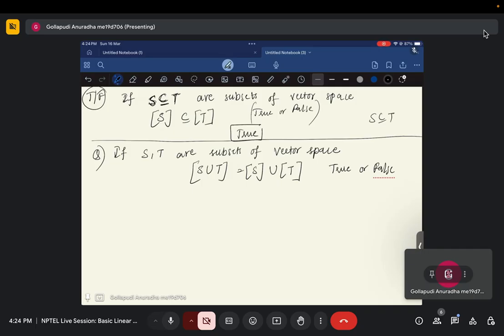It is false, because the span of S union span of T might not be a vector space. Sometimes there might be some cases, but it's not always.